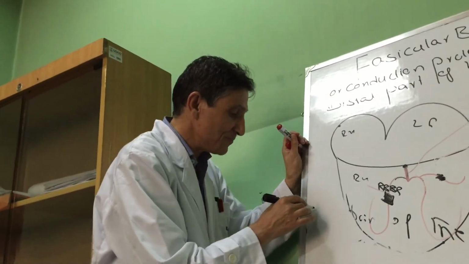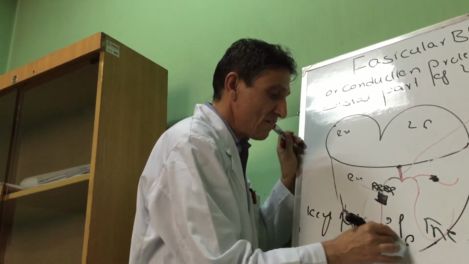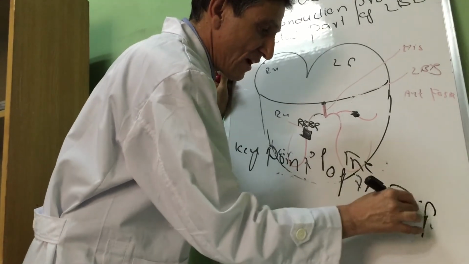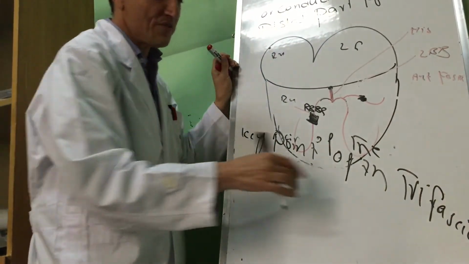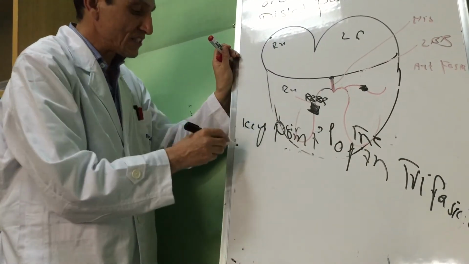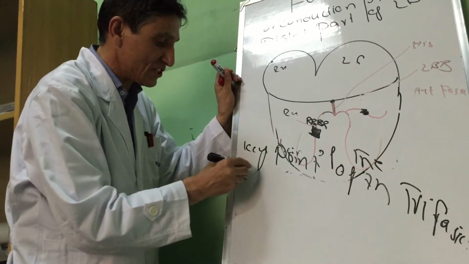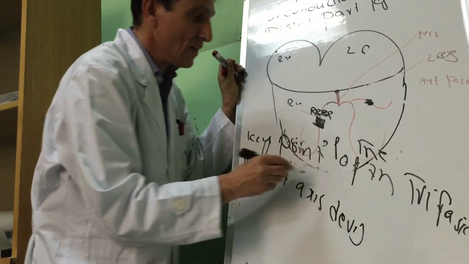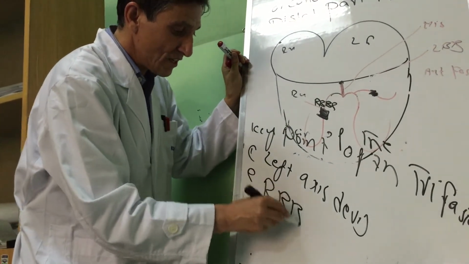Key points of the ECG of trifascicular block. The patient has anterior fascicular block leading to left axis deviation. Number 1, left axis deviation. Number 2, right bundle branch block, RSR prime.